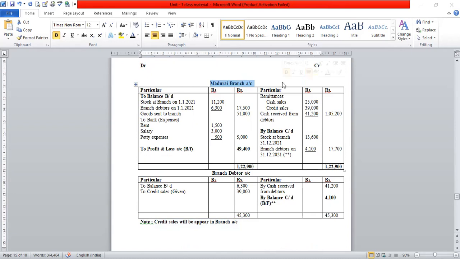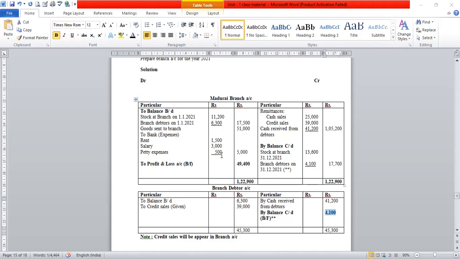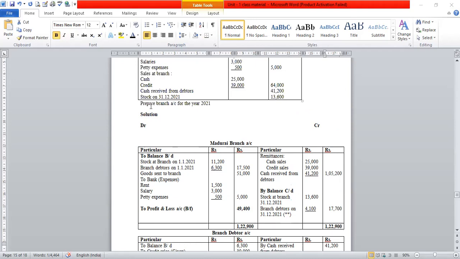Tell me. Ma'am, you have put the branch debtors closing. Pardon? In the branch? Can you repeat it? Branch debtors. Yes, branch debtors 4,100. In this sum, they have not given the closing branch debtors.